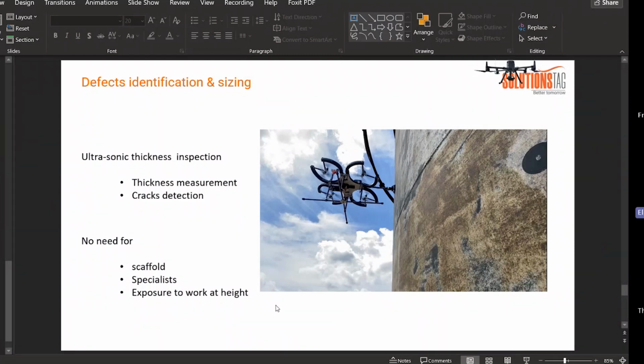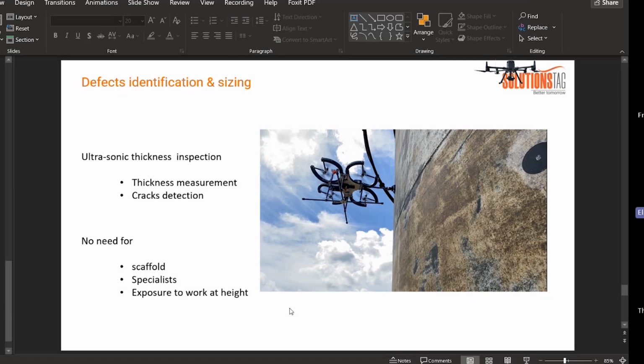So you avoid the loss of the product or any other failure that may occur due to such early problems that arise inside the facility.